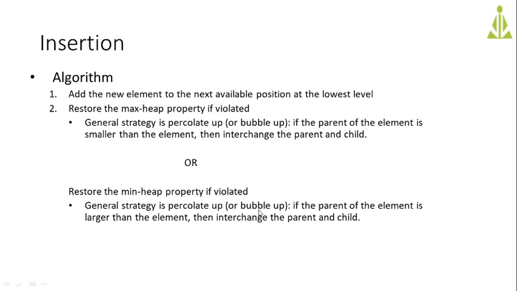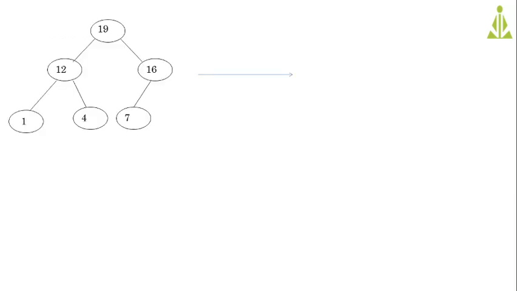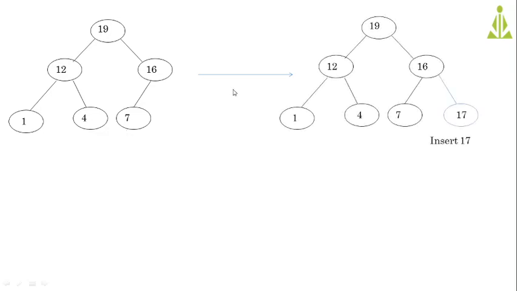Okay, I will show you the example here. This is my tree: 19, 12, 16, 1, 4, 7. Okay, and I am inserting the new element 17. So what are we doing here?